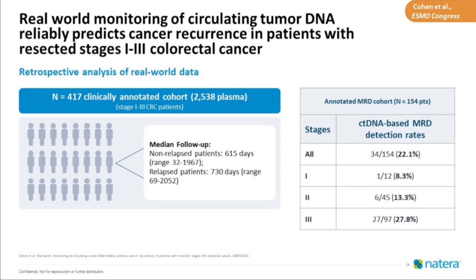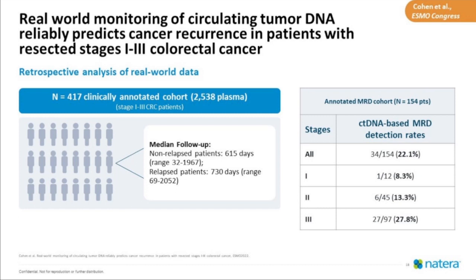This trial by Cohen that was recently presented at ESMO was real-world monitoring of circulating tumor DNA, done to accurately predict recurrence in patients with resected stage 1 to 3 colorectal cancer. It was a 417 clinically annotated cohort of all stages, stage 1 to stage 3 colorectal cancer.